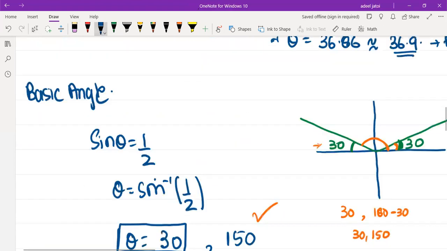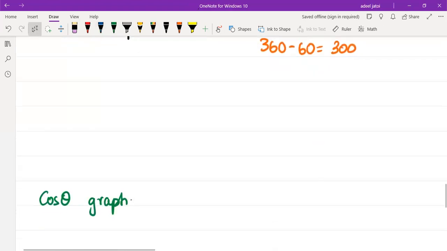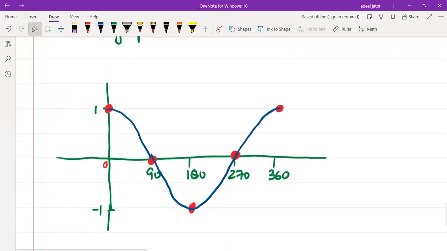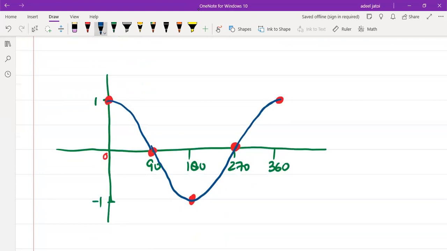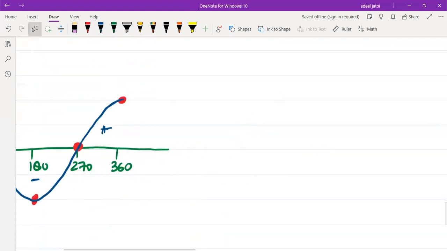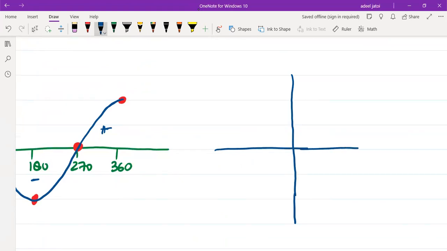So considering this, you need to understand that the cos graph shows 0 to 90 is positive, 90 to 270 is negative, and 270 to 360 is positive. If I draw the quadrants, the quadrants will give me a good idea of where the cos will be positive and negative.